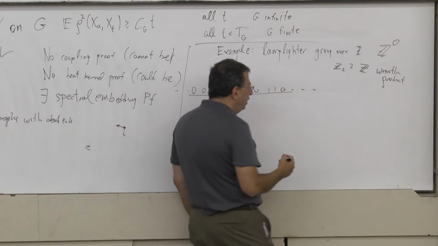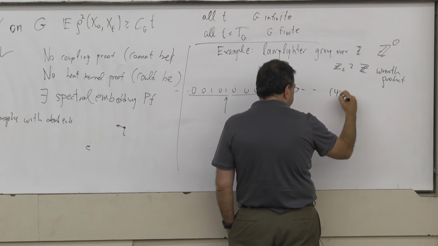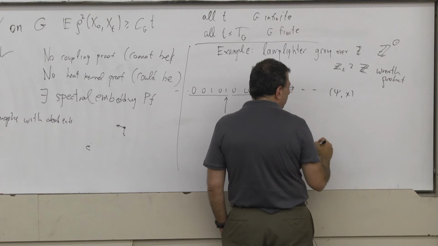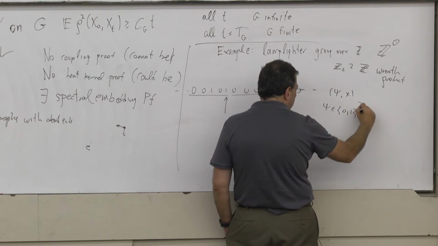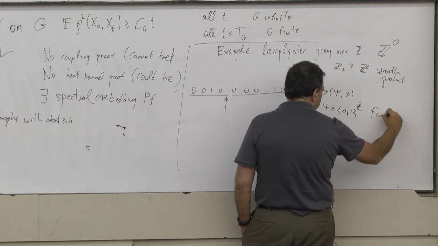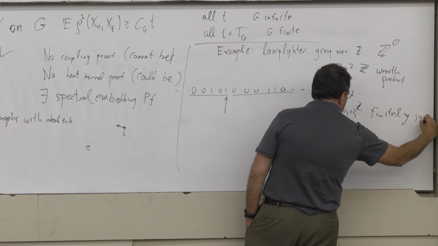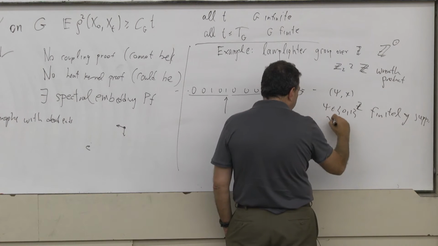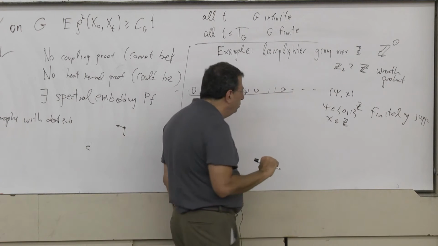Okay, so formally an element of the group is a pair (psi, x), where psi is in {0,1}^Z, but finitely supported. So that's the lamp configuration, and x is some element of Z. This is an element of the group.